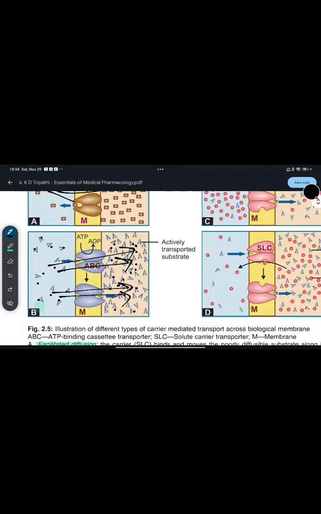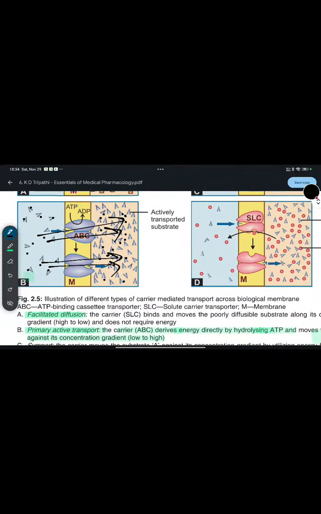Opposite to the concentration gradient means from low concentration to high concentration. So, for example, if you are taking water, this is a mountain, and if you are taking water from the down part of the mountain to the upward of the mountain, then what will happen? Energy is required or not? Yes, definitely energy is required.